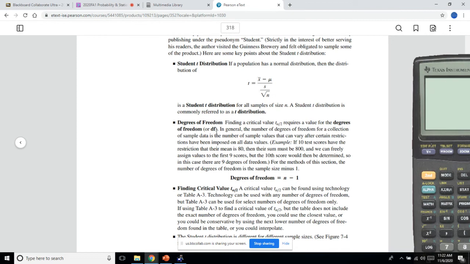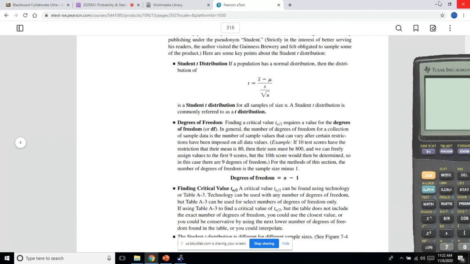In general, the degrees of freedom for a collection of sample data is the number of sample values that can vary after certain restrictions have been imposed on all data values. This has a little something to do with interpretation. I just want you to know where you can find this information.